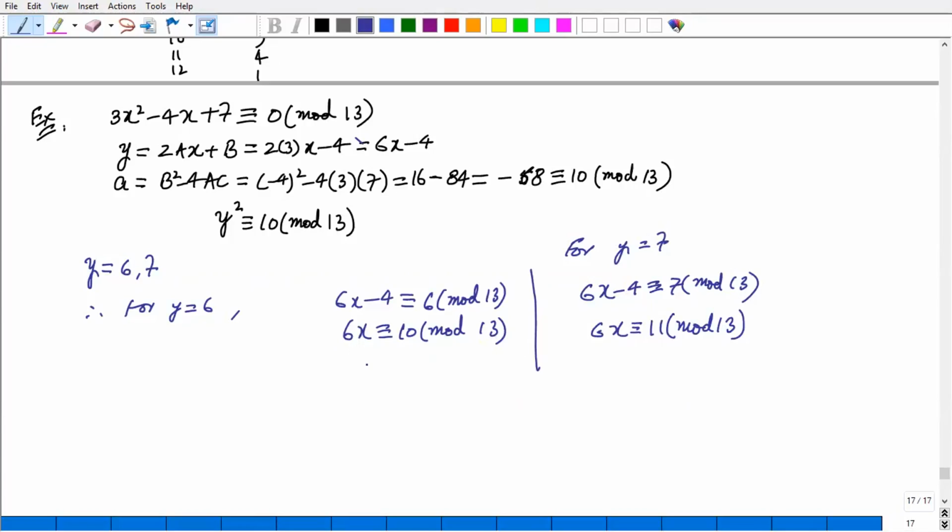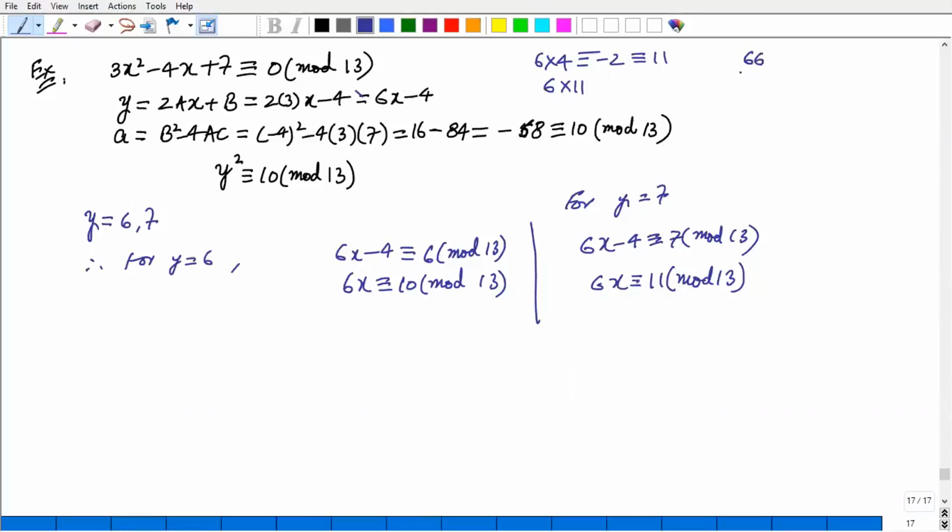So 6x is congruent to 10 modulo 13. 6 times 11 is 66, and 13 times 5 is 65. So the inverse of 6 is 11. We can multiply by 11 on both sides.